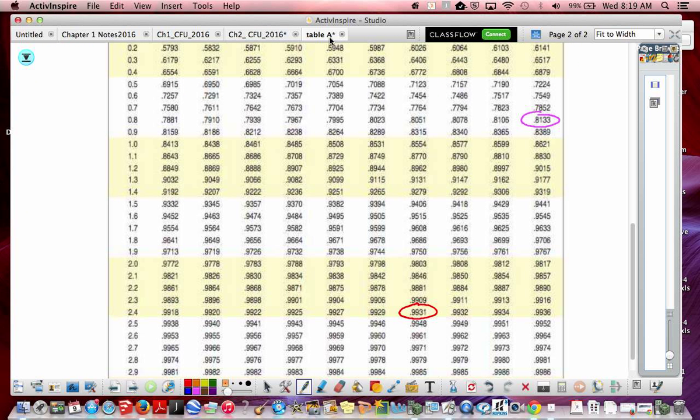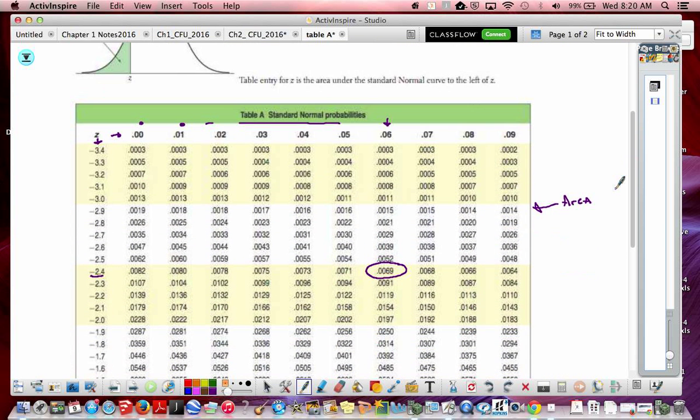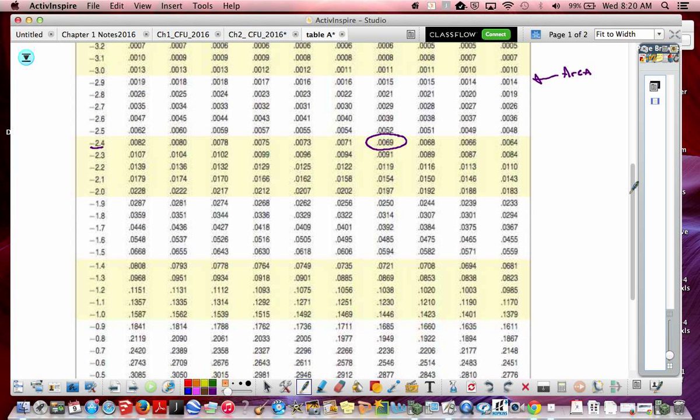So I have to go to the negatives. Negative 1.27, I have to keep scrolling down here. Negative 1.27 is 0.1020. And then I'm doing the negative 2.95. So 0, 1, 2, 3, 4, 5: 0.0016.